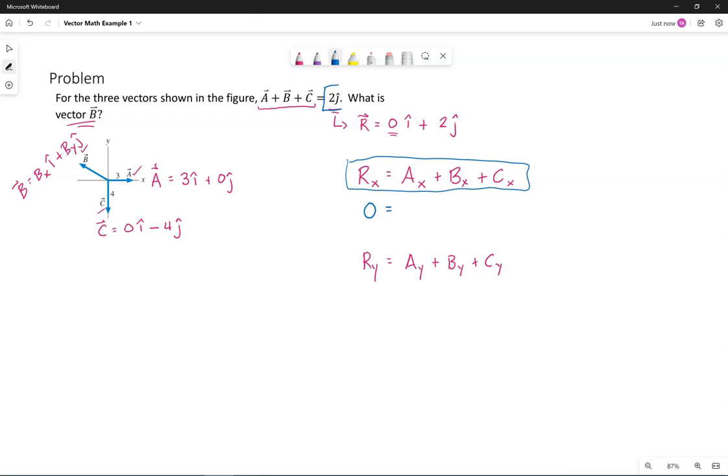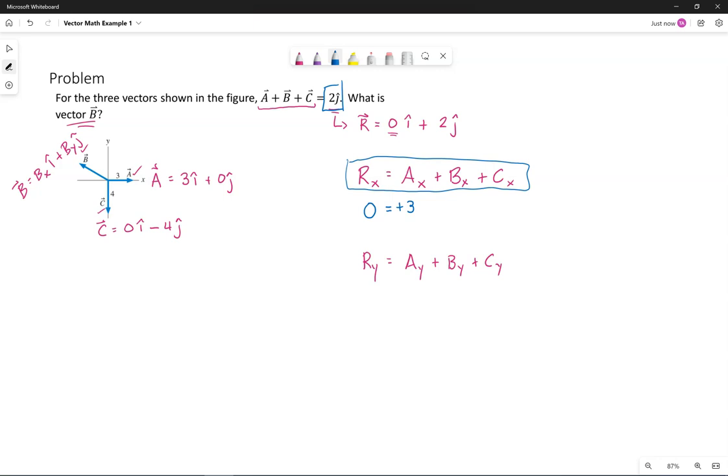And that was what we found out by looking at what the problem said. A plus B plus C vectors are equal to just 2 j. So no x component. The x component of A is 3. Technically, positive 3. We don't have to write the positive, but again, sometimes it's helpful to write the positive just to know that you are definitely accounting for the direction.